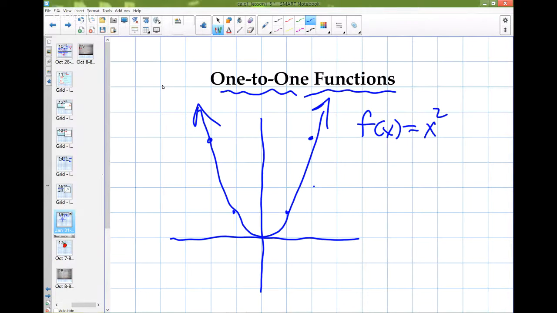So what you're going to wind up with, if we draw the inverse on here, let's see, it's going to look like this.